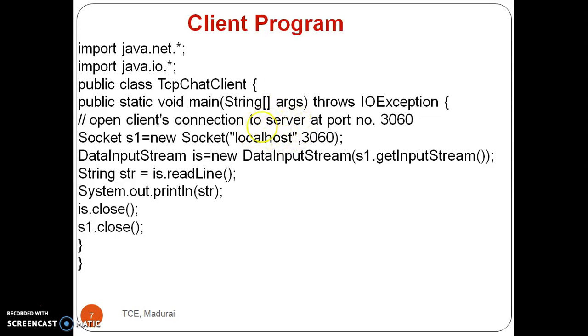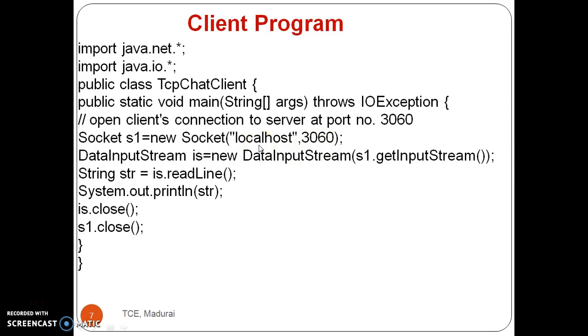So we need to pass the IP address or host name of server and port number of server. Here localhost is the specific host name which we are using, because the same machine with which we are working can be used both for server and client. So for programming purposes, if you use the single machine both for server and client, you can make use of a specific host name called localhost.